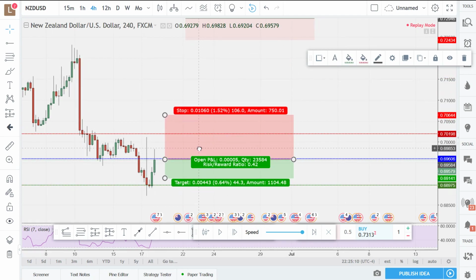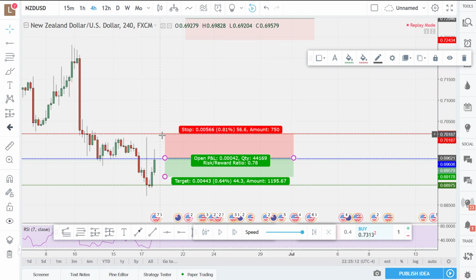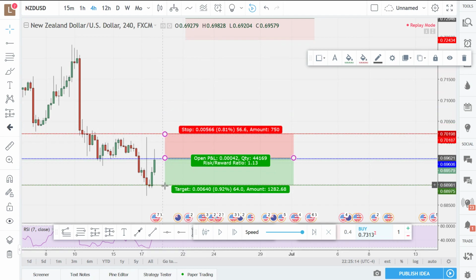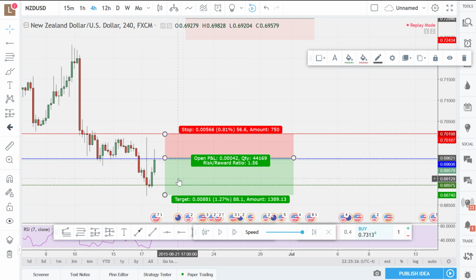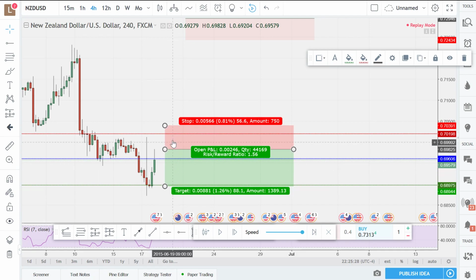Look, in theory, this could have been a trade here. Let's just check it. It's still a little bit off. I like to be at 1.5 to 1, right around there, roughly, for my risk reward for me to take a trade.